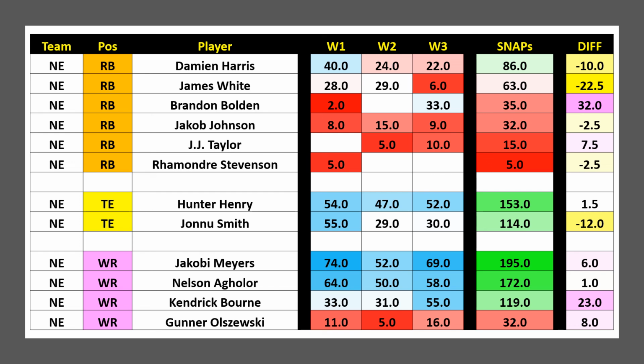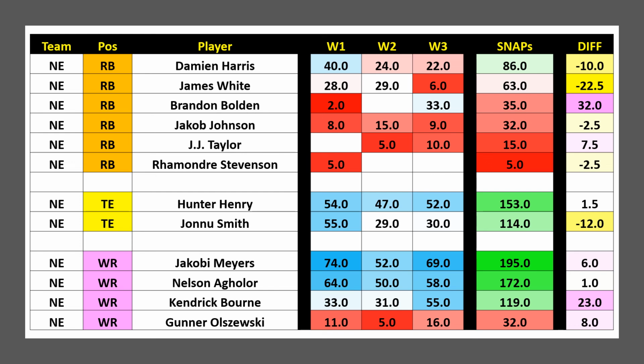With White out for a long time, if not the season, Bolden out-snapped everybody. That is not good if you drafted Harris. I do not know. I guess you go chase Bolden now. I guess he's the one.